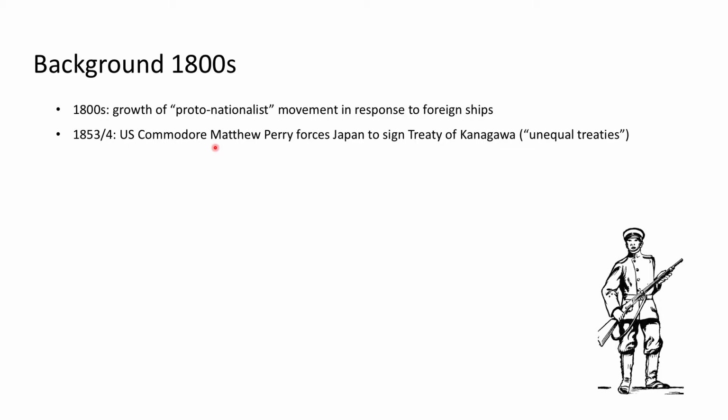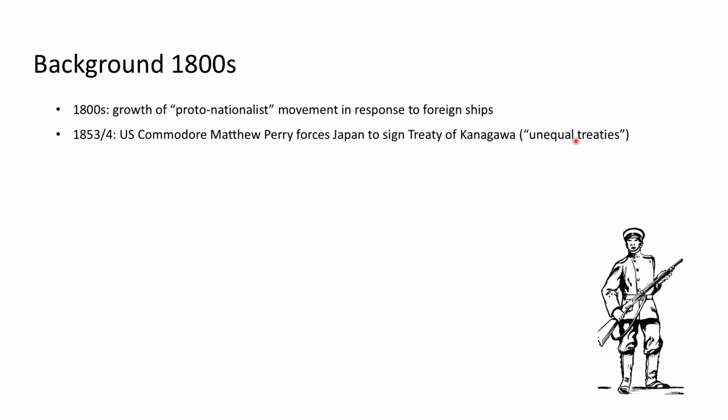In 1853 and 4, U.S. Commodore Matthew Perry forced Japan to sign the Treaty of Kanagawa, forcing Japan to open itself up to trade with the United States. But it was a very one-sided agreement. Basically, the United States did not look at Japan as a, quote, civilized country at this time because it didn't have a modern constitution, for instance.